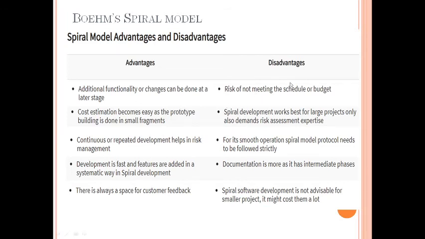Next come the disadvantages. Here, there is a risk of not meeting the schedule or budget. There is a risk that we may not finish the software in time, or sometimes the cost may become more, because of the continuous development process, new requirements are coming, so we may overcross the schedule or budget.